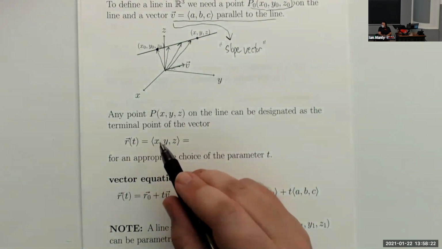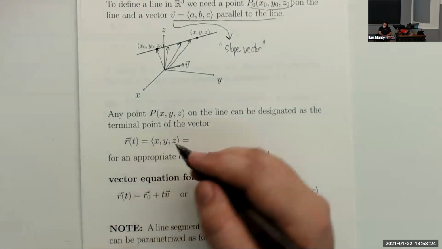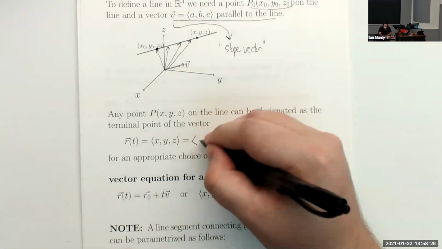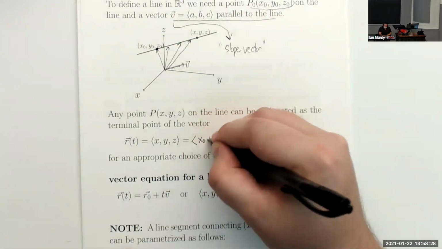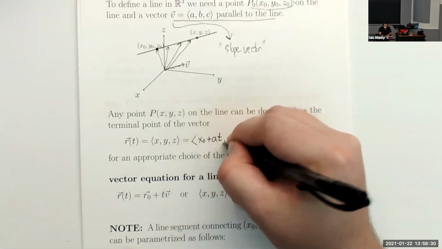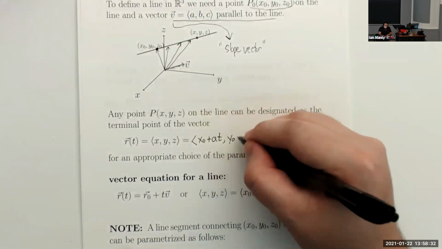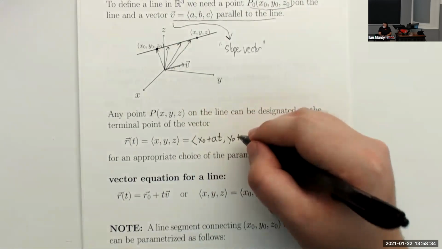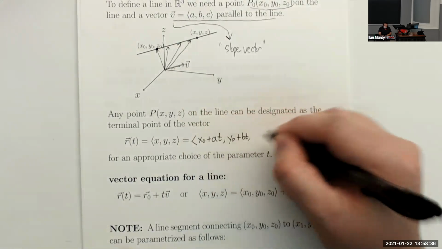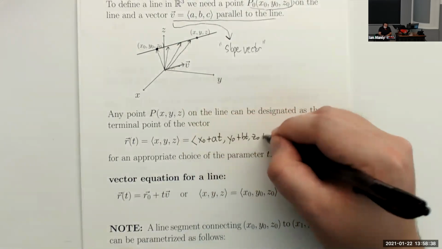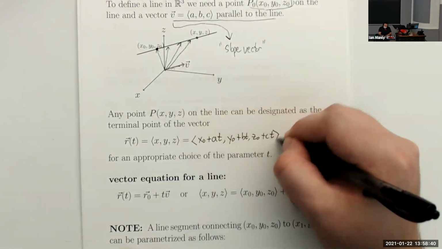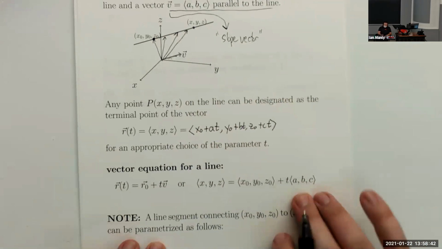We're going to have the equation x naught plus at, y naught plus bt, and z naught plus ct right here.